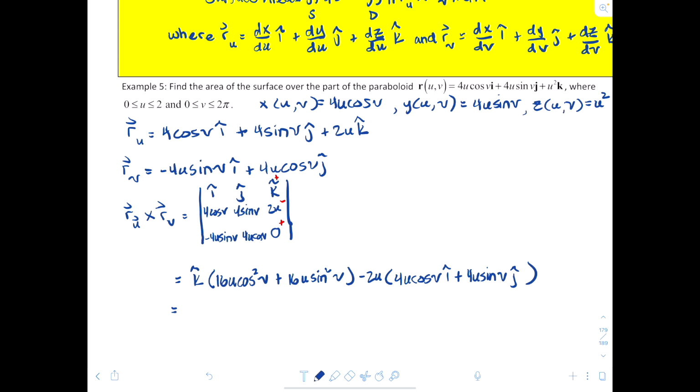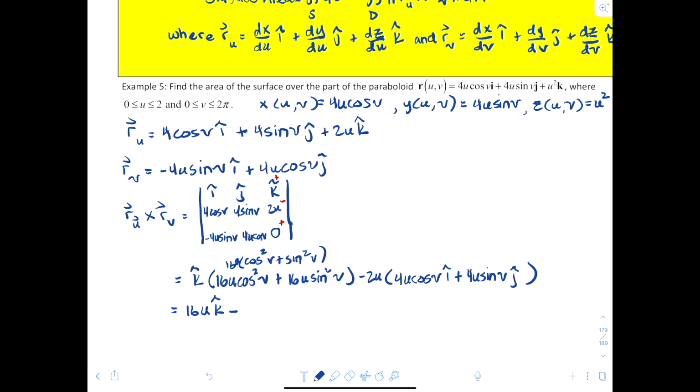So that will give us, notice that this is 16u times cosine squared v plus sine squared v. So that part will just be 1. So we're just going to get 16u times k.